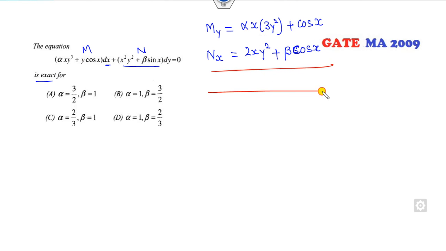Now when it will be exact, if you equate the coefficient, beta is 1 and 3 alpha is 2. So 3 alpha is 2, alpha is 2 by 3, beta is 1. This is the right answer of this problem.